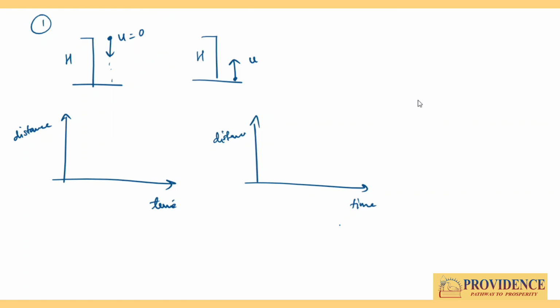See, we know how the distance is related to time. Definitely the governing equation is s equals ut plus half at square. Now that means the distance versus time graph is a square law. That means it should be some quadratic equation, and it should be increasing in nature.